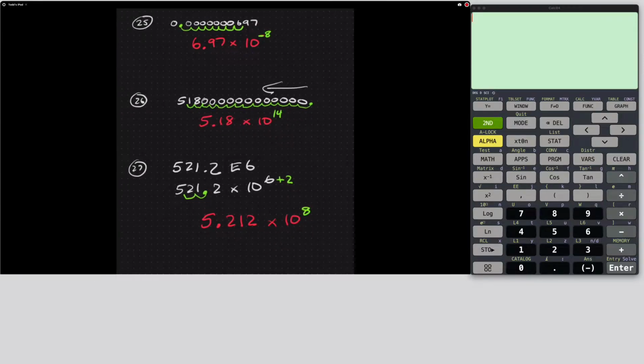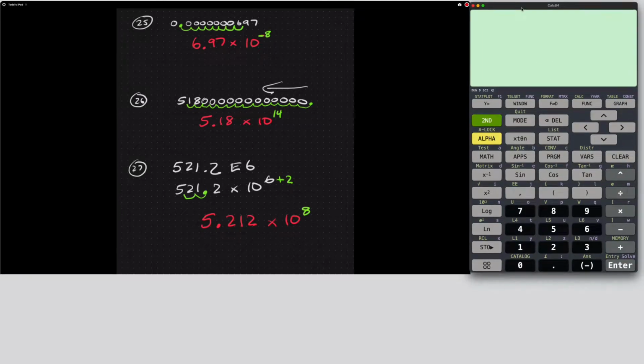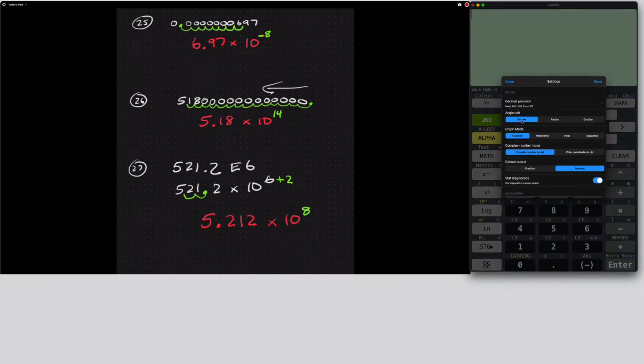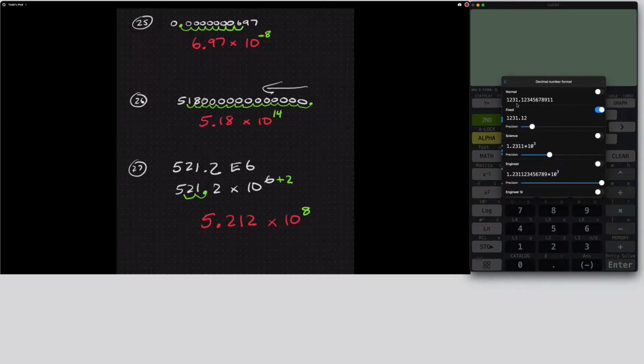Now, as we're allowed to use calculators on this test, knowing how to use your calculator is going to be very beneficial. If you have a TI-84, there is a button that says mode, and if you go to mode and find where it says what type of numbers it's going to display, you can choose this one right here for scientific notation.